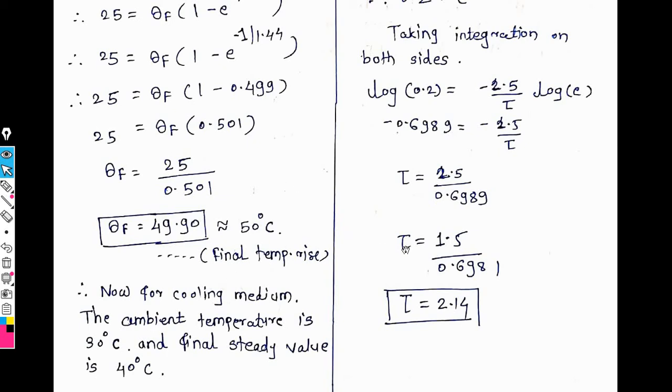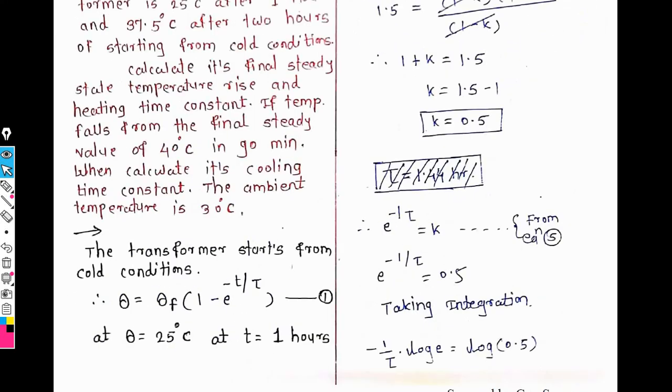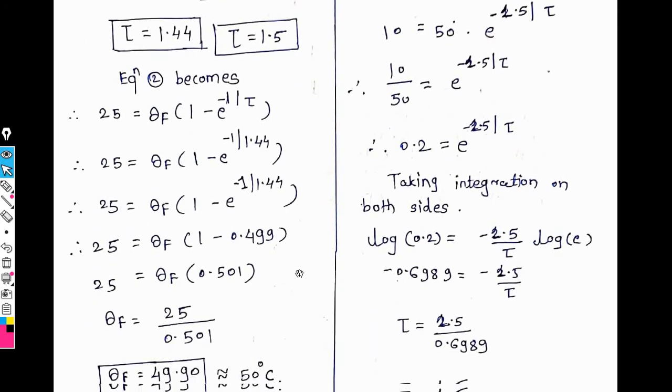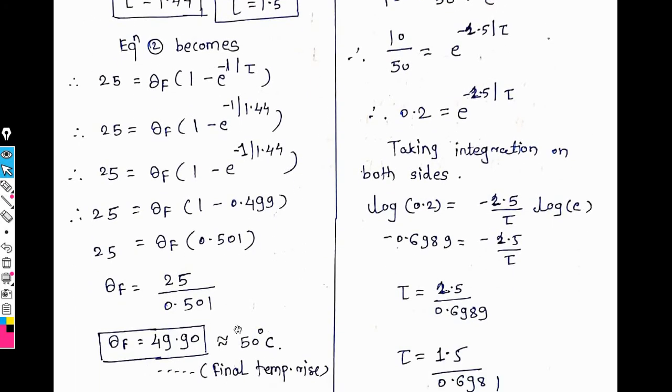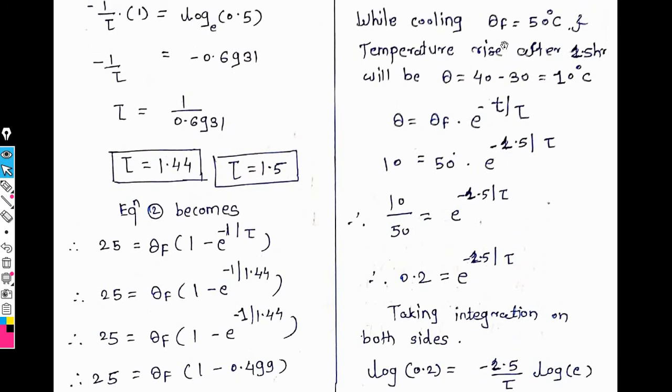Now going to the cooling time constant. While cooling, temperature theta f is equal to 50 degrees Celsius, because this is the final temperature rise of the heating time constant. Then while cooling, the maximum temperature then decreases to 40 degrees Celsius.